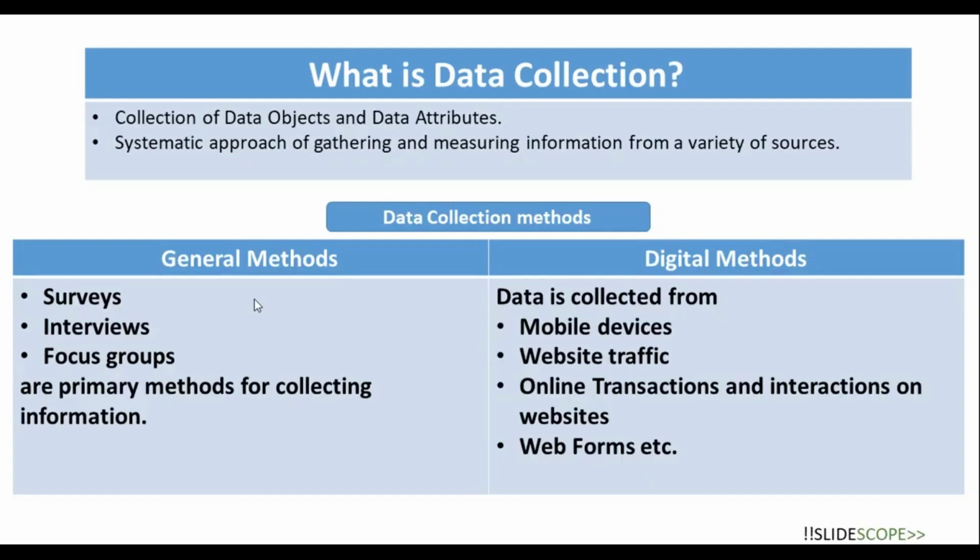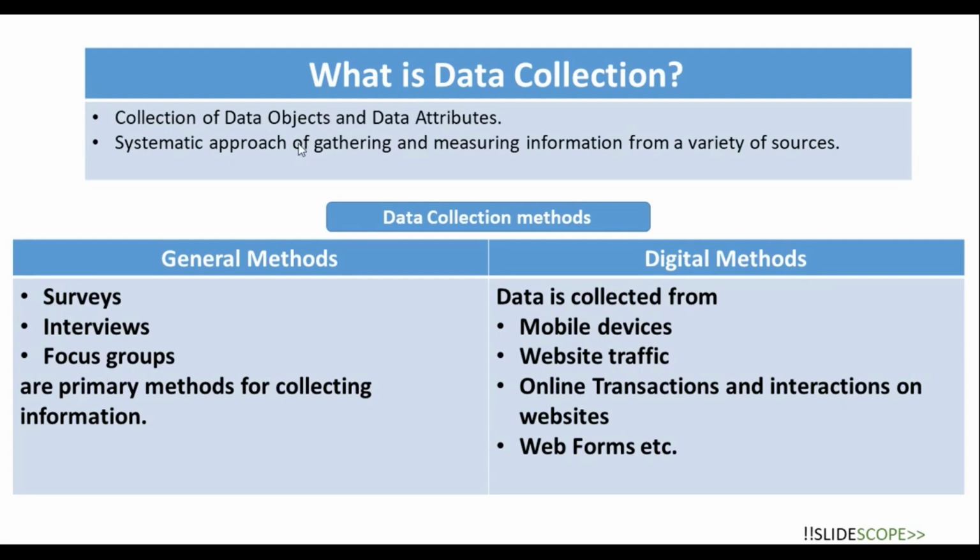So these are the basic definitions of data. Now, since we have talked about what data is, let's talk about data collection. Data collection is the process of gathering and measuring information on targeted variables in an established system, which then enables one to answer relevant questions and evaluate outcomes.